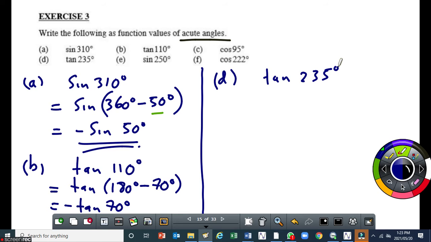Tan 235 is in the third quadrant. Which angle can we add to 180 to get 235? 55. Here we are adding because 235 is more than 180. We are in the third quadrant, so we add the acute angle. So this becomes tan. We split this up into 180 degrees plus the acute angle.